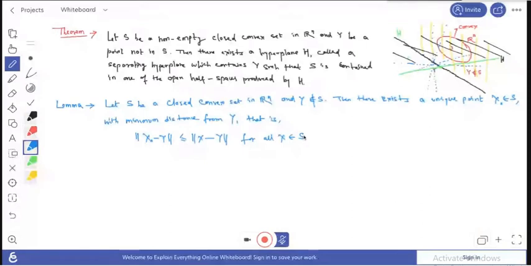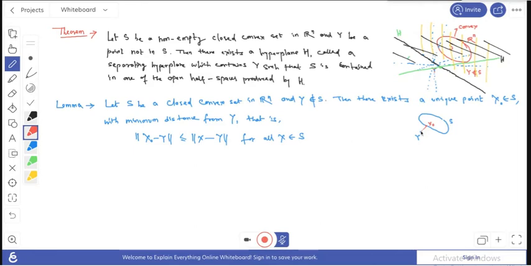Basically this says that if S is a closed convex set and y is any point which does not belong to S, then there are infinite points in this closed set S, in the interior and the boundary points of course, but there exists a point x naught where the distance between these two is minimum.